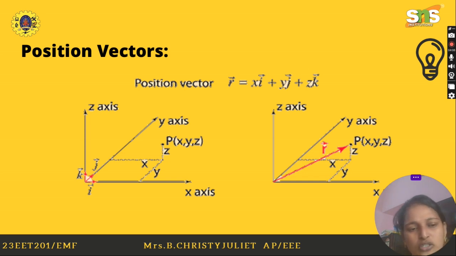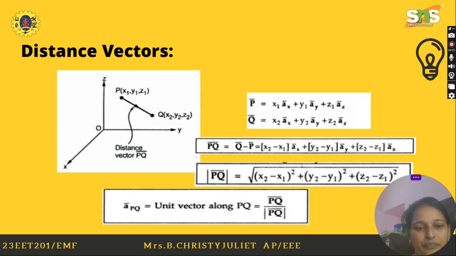Likewise, you can also mention a vector, that is a quantity in three-dimensional space. Let R be a vector and the position of that particular vector is given by x i vector plus y j vector plus z k vector.